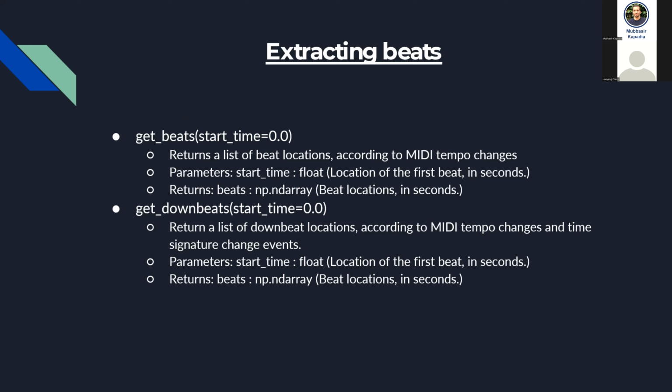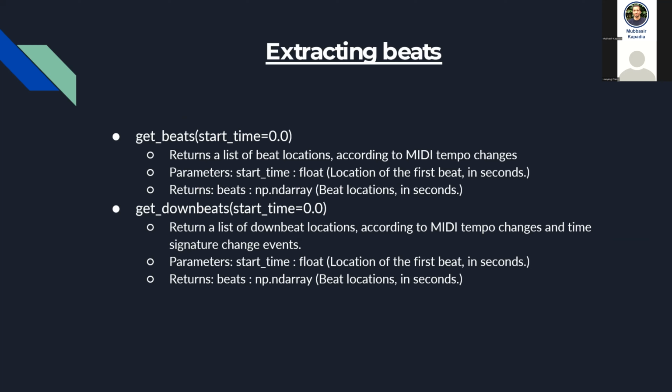These can be extracted from the MIDI files by using these two functions, and they take an input parameter, the start time. Ideally the start time is 0.0 since we want the beat information from the start of the MIDI file. It returns a NumPy array that includes the timestamps, basically the locations of the beats, in seconds.